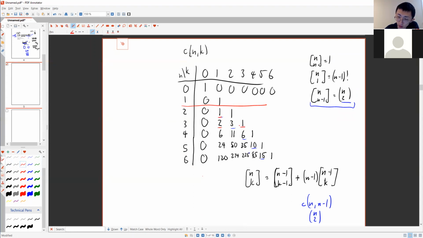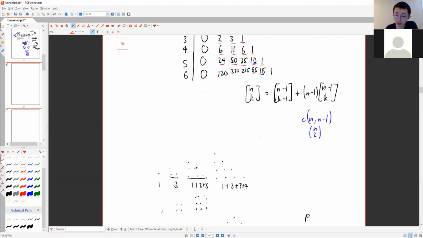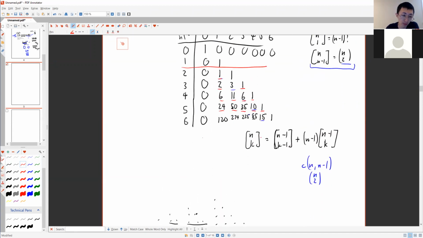So like 2 plus 1 is equal to 3. 6 plus 6 is equal to 11 plus 1. 24 plus 35 plus 1 is 50 plus 10, and so on. So basically what this seems to suggest is that, let's call this problem 6. Like the alternating sum is 0.